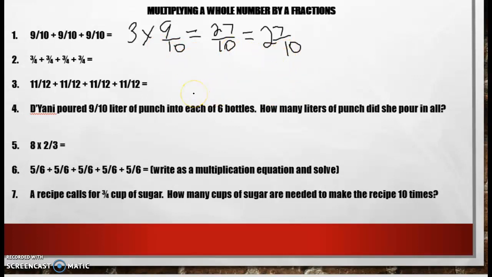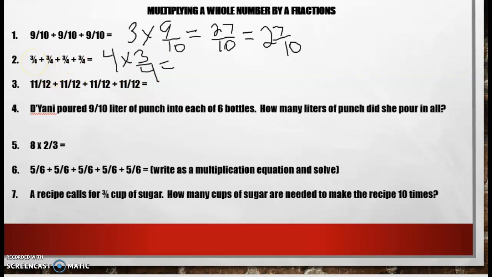So there you go. We wrote our multiplication equation, we wrote our improper fraction, and then we changed it to a mixed number. Okay, so let's look at the next one, and I'm going to give you a second. Write that equation down. Go ahead and write it as a multiplication equation. Okay, so hopefully you wrote 4 times 3/4, because we're doing 3/4 4 times.